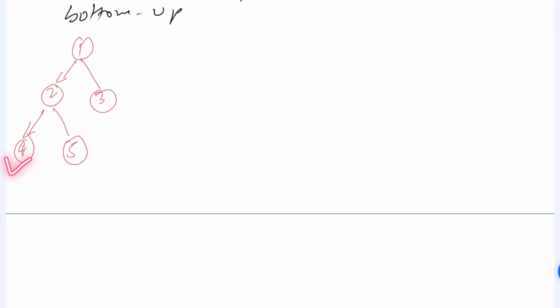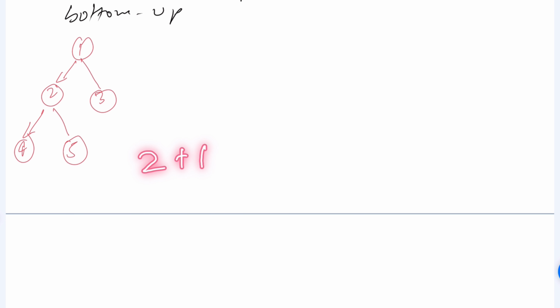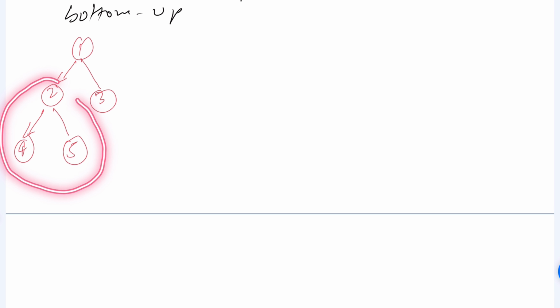Now visit 2. We know this is 4, this is 5, and this is 2. So 2 plus 4 plus 5 is 11.